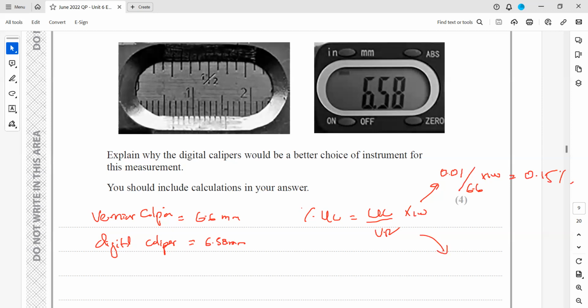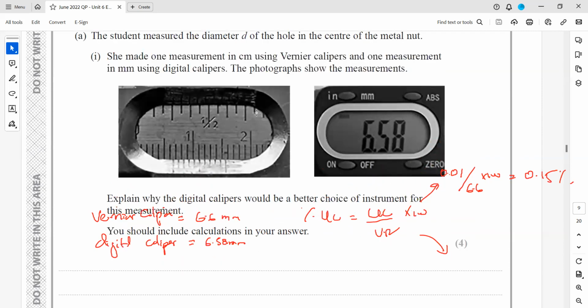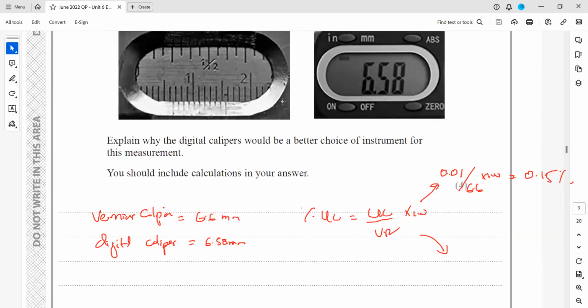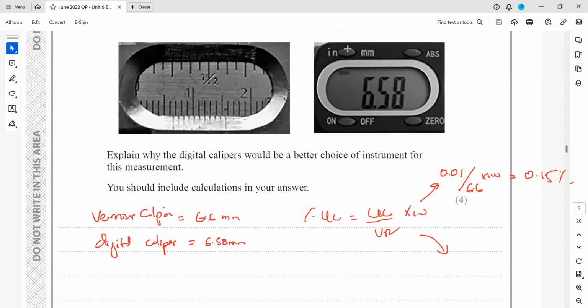And if you use a digital caliper, the smallest value a digital caliper is recording, usually, because when we use a vernier caliper we have two scales, and for this one in millimeter, uncertainty is 0.005.